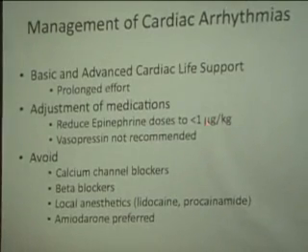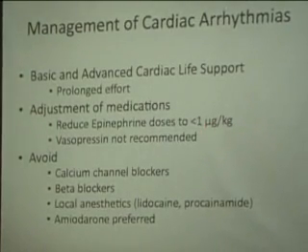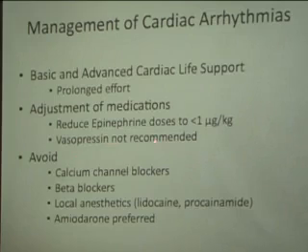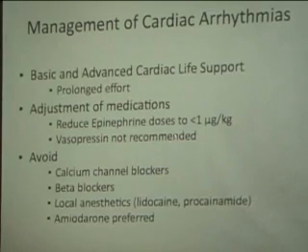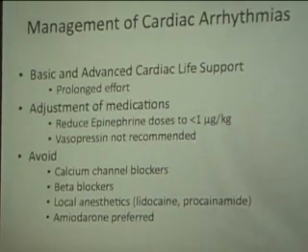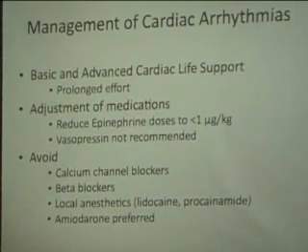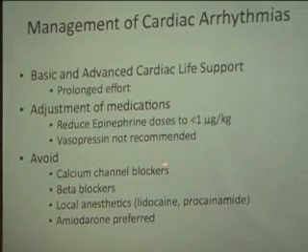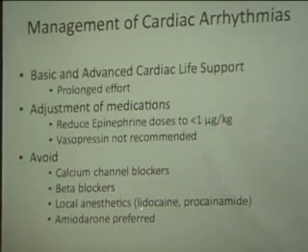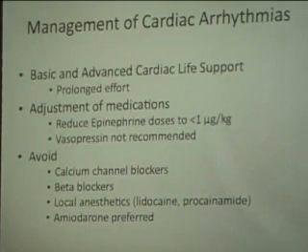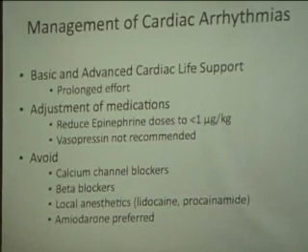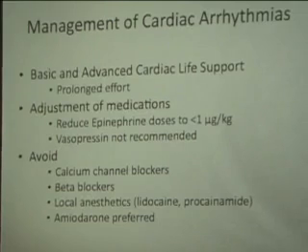You shouldn't use the standard 1 mic per kilo, but you should reduce the amount. Vasopressin is not recommended. The higher doses increase the SVR, and in the face of toxic cardiomyopathy, they may impair your resuscitation. You should avoid drugs like calcium channel blockers, beta blockers, and local anesthetics for management of arrhythmias. Amiodarone is the preferred drug if you have to manage arrhythmias.